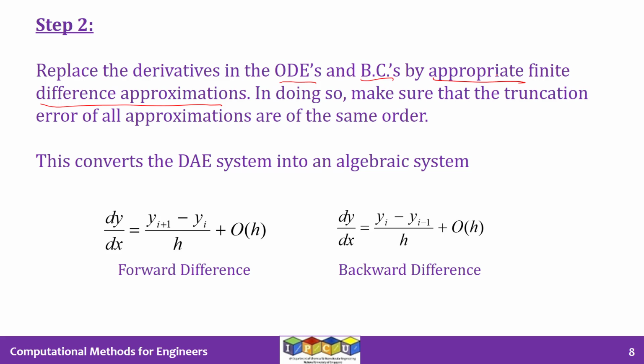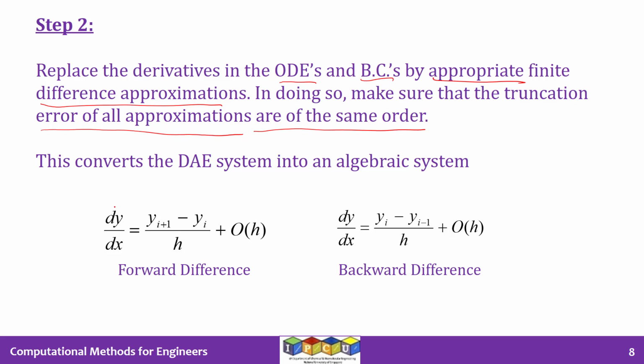A more important thing is when we replace the derivatives, either the first derivative or the second derivative, by a suitable finite difference approximation, we have to make sure that the truncation error of all the approximations are of the same order. Please note that different approximations have different truncation errors.